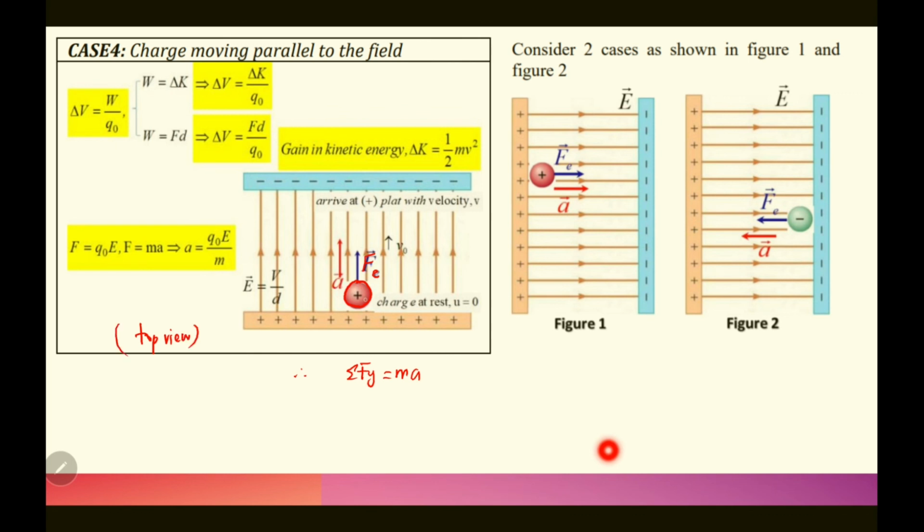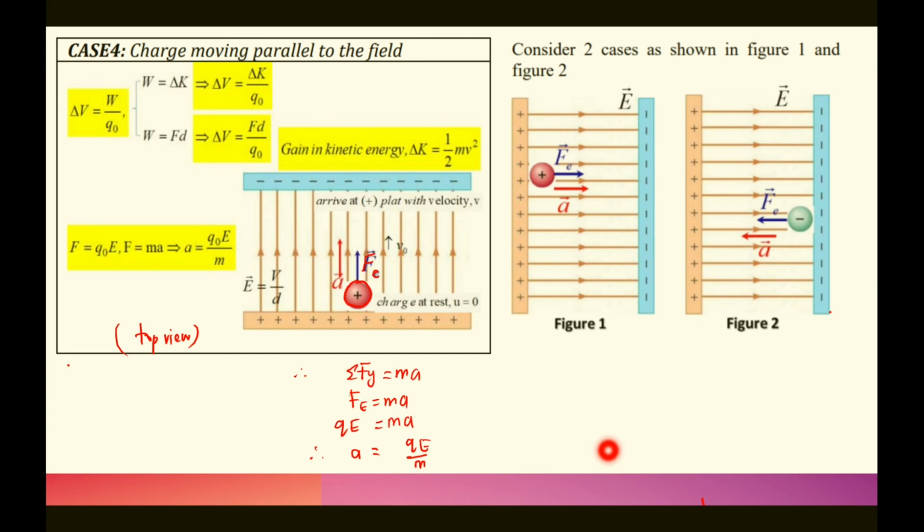If you look from the top view, the direction of the weight should be into the page. So total Fy is equal to Ma, Fe is equal to Ma, QE is equal to Ma. Therefore, A is equal to QE over M.